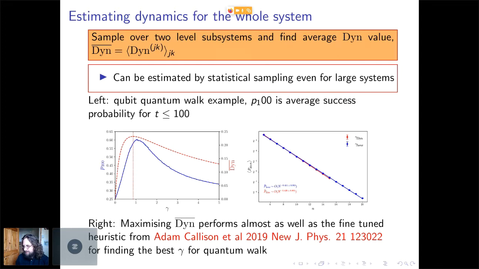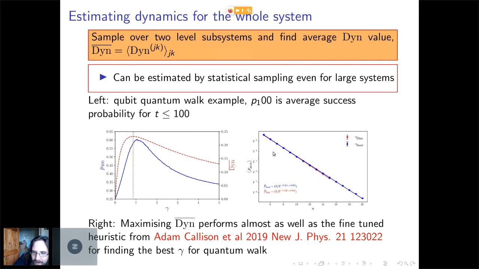For instance, the heuristic that I didn't talk about, and I referred to this New Journal of Physics paper for, what happens if we use this trick to find the optimal value of this parameter gamma rather than using the sort of fine-tuned heuristic we did there? Turns out the answer is it is almost the same.